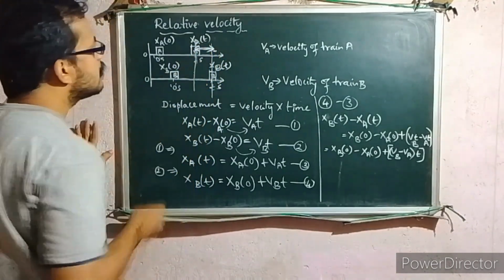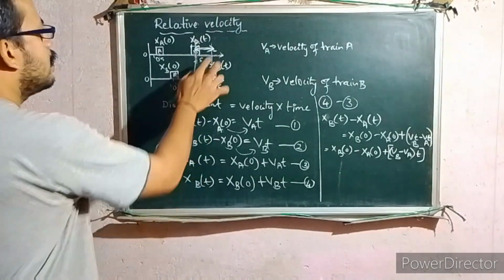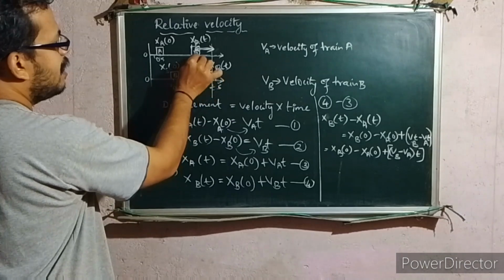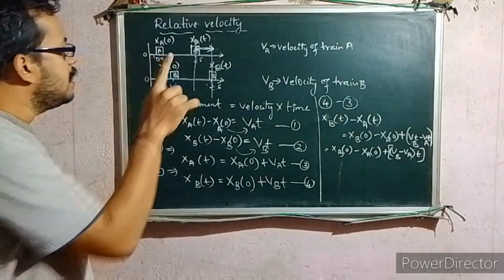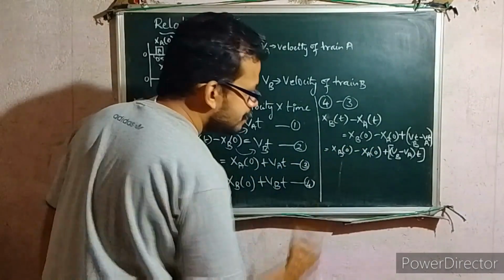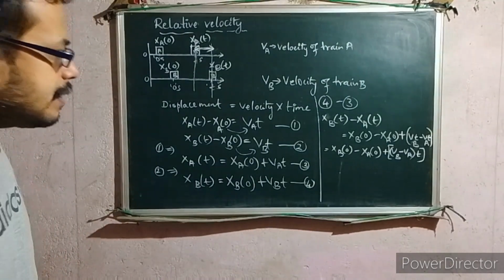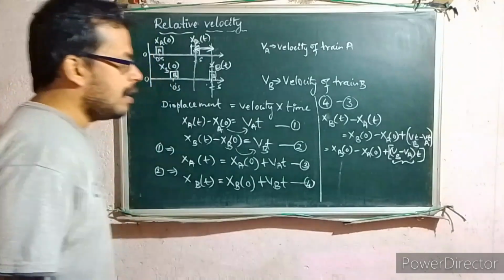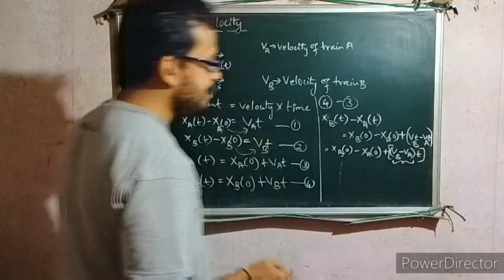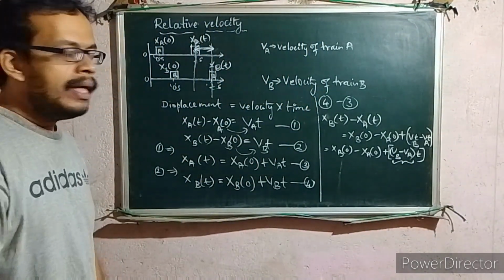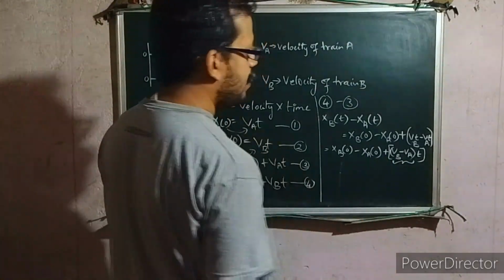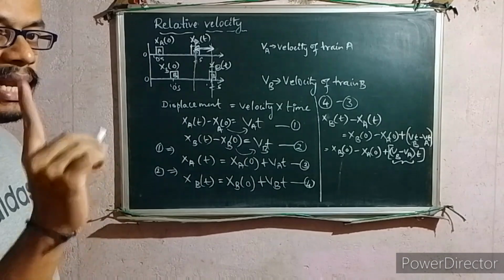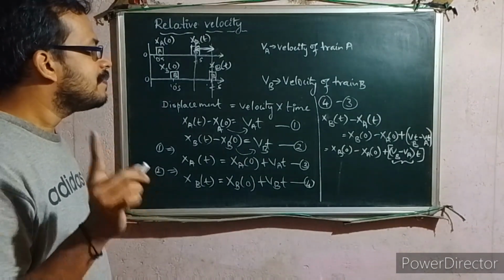That is what I got now: the distance between the final positions of train A and train B. Here we got VB minus VA, the difference between the velocities, which is what you call the relative velocity.